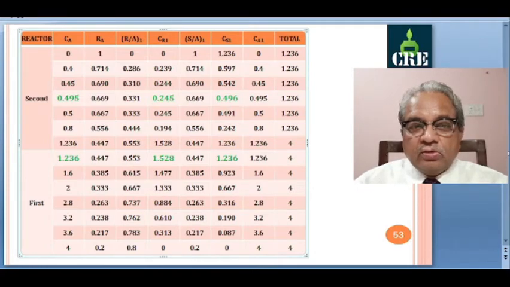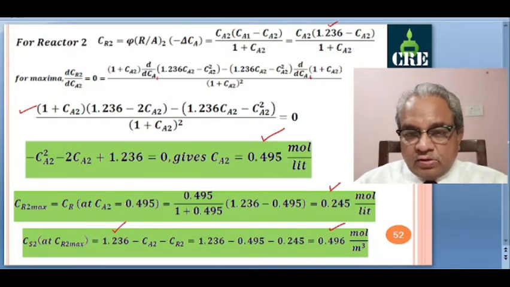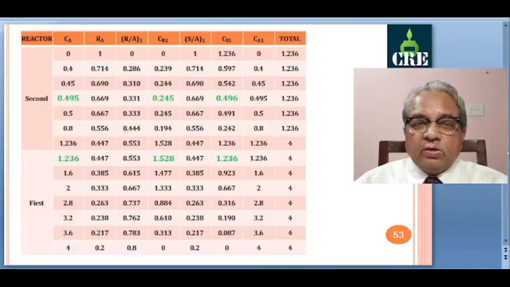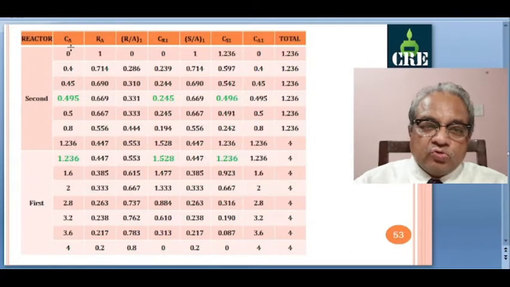So what we have done earlier, we have just differentiated and found out in both the cases what should be the value of Ca1 and in second reactor Ca2, which will give you maximum R by differentiating this, doing our differential calculus. Here we are taking the data, and if this is from 1 to 1.23, this is from 1.236 to 0.